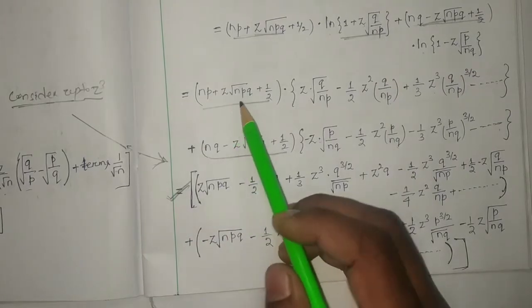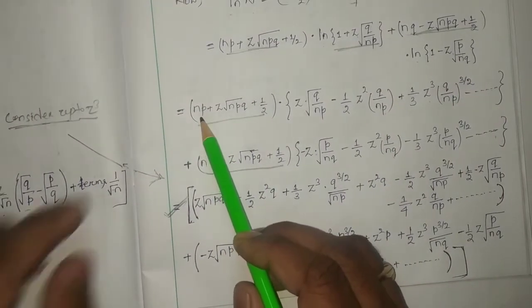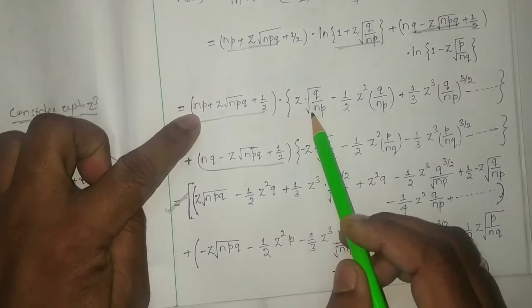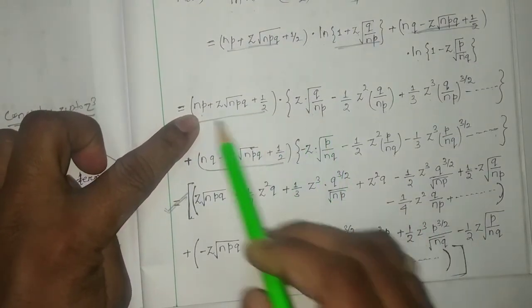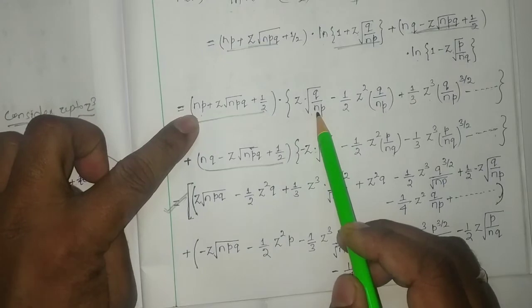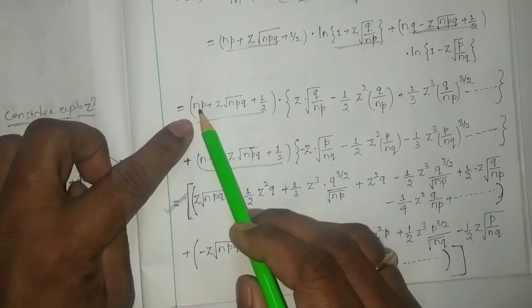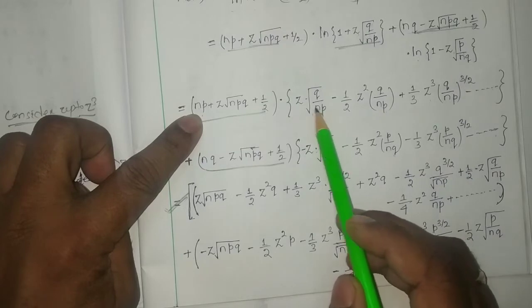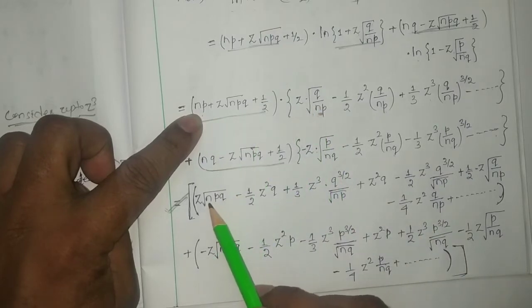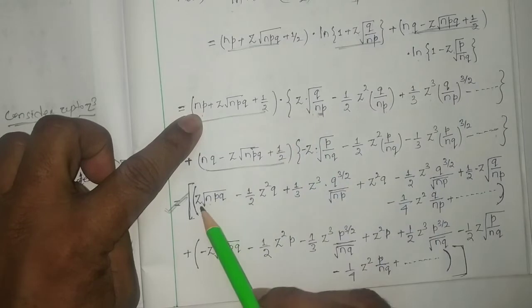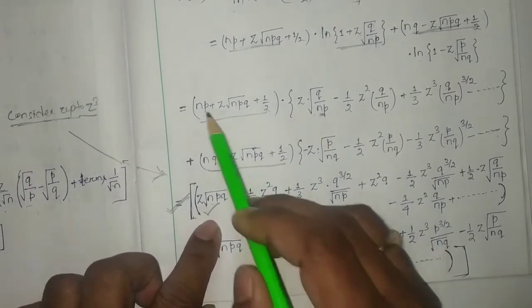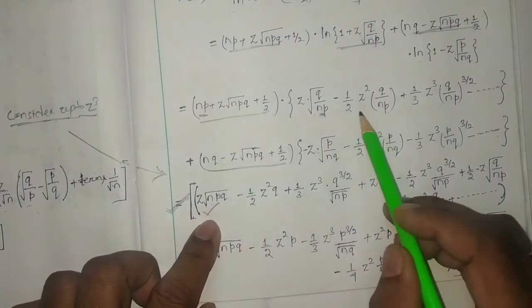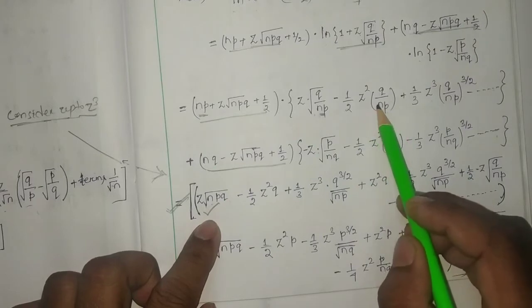See here, np is multiplied with this term, how much will it be? See here, n divided by root over of n is here, so you are going to get root over of npq, and z is there. Next, np is multiplied with this term, how much are we going to get?